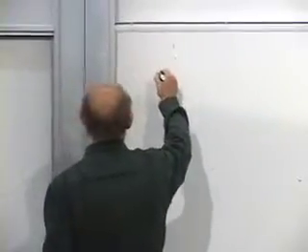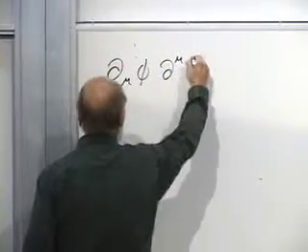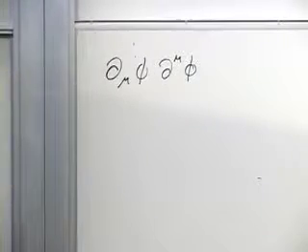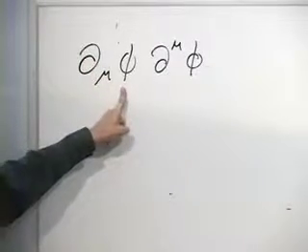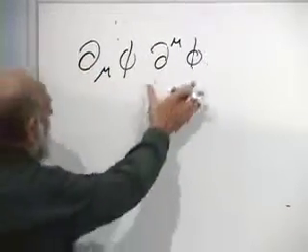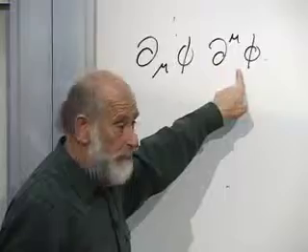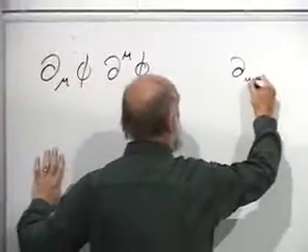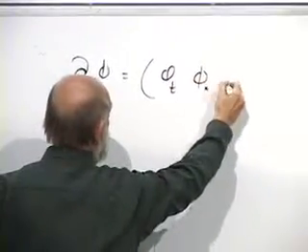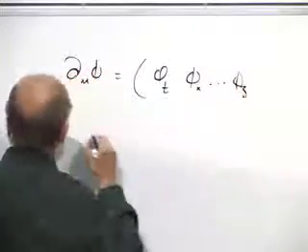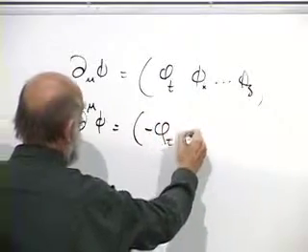The thing in the Lagrangian is d mu phi. Remember what this means. This stands for the 4 derivatives, the time derivative and the 3 space derivatives. These stand for the same derivatives except with a change of sign of the time component. So d mu phi stands for the complex of objects phi t, phi x, up to phi z, and d super mu phi stands for the same thing except the time component changing sign.